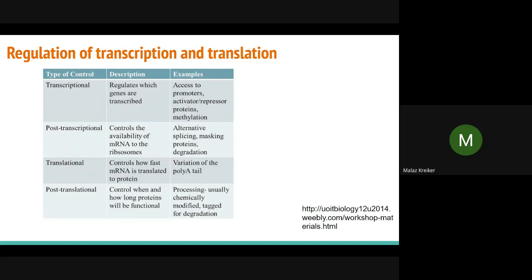Usually that could lead to degradation of the mRNA, hence no protein production, or you could change the mRNA by alternative splicing so you could have new unique proteins. So the first two are usually what's being asked about in the MCAT, at least from my experience.